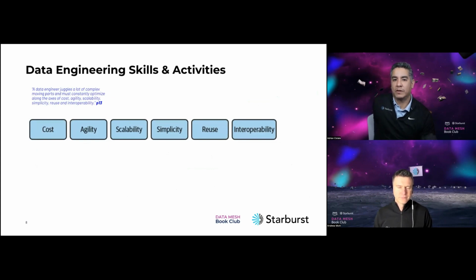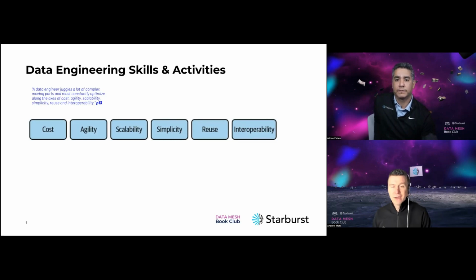Interoperability obviously is the one that we all struggle with. There are probably no surprises here, but it certainly lends an idea as to how mature and savvy a data engineer needs to be. It's not your typical engineer anymore. They need to understand their business, the cost, and the underlying architecture.